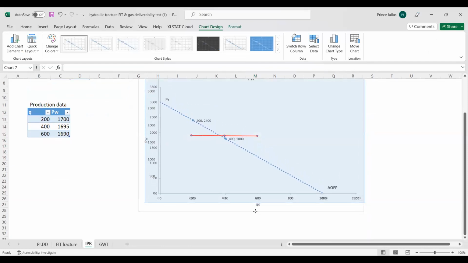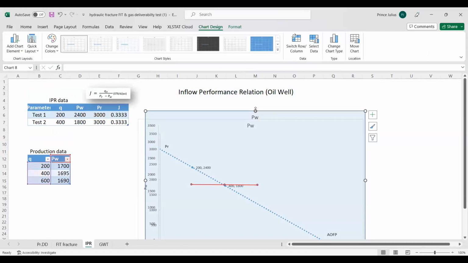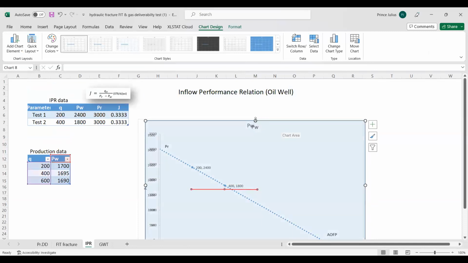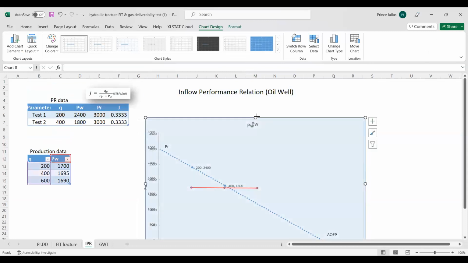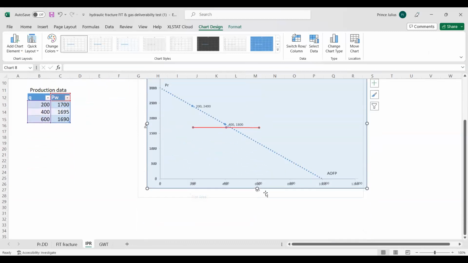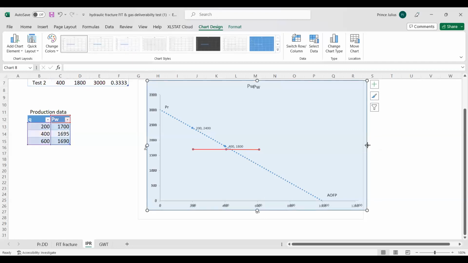I'm trying to adjust both axes so they come to the same. See, 400, 600. In the same way, we have to adjust. This is what we have to do manually. So all the values should exactly match. Almost 90% was over. So we have to just concentrate on matching the axis.